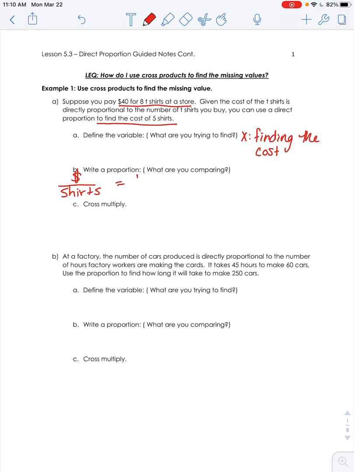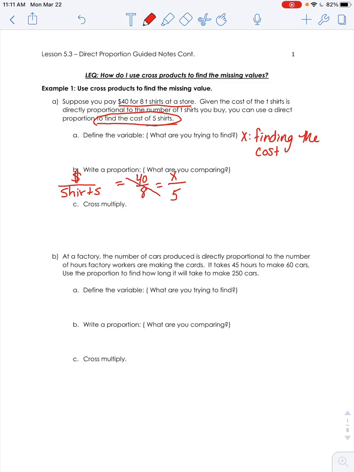So we are given that it cost $40 for 8 shirts. Okay? And then we are also given the fact that we don't know how much 5 shirts cost. So if we don't know something, that's where x is going. Okay?